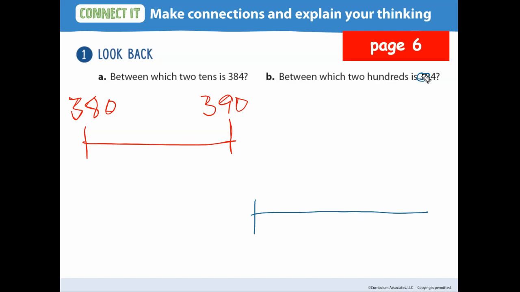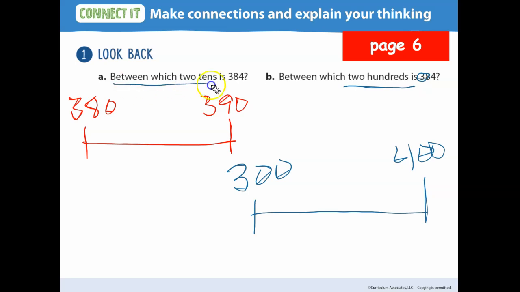What's the value of 3 in this case? 300. So it's between 300 and what's the next 100 up? 400. Good. It says between which two hundreds does it fall? It falls between 300 and 400. Between what two tens does it fall in between? Between 380 and 390.